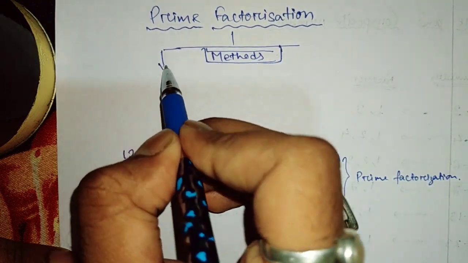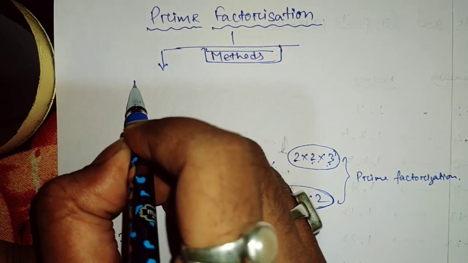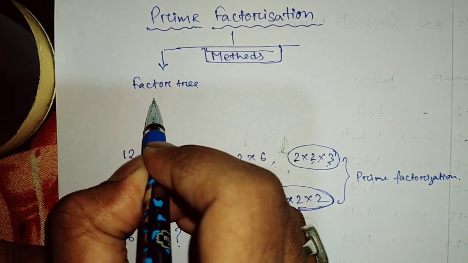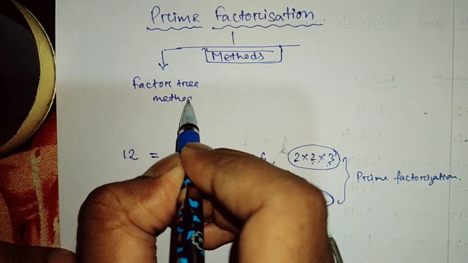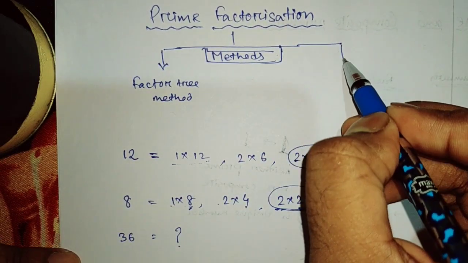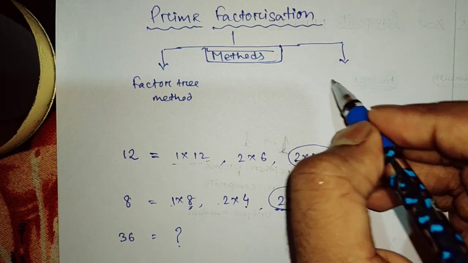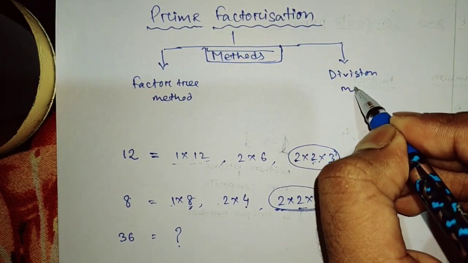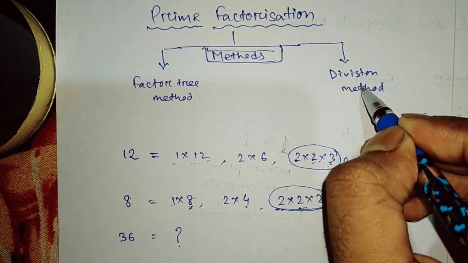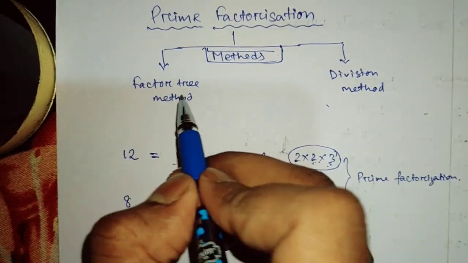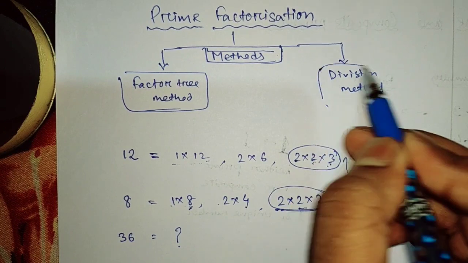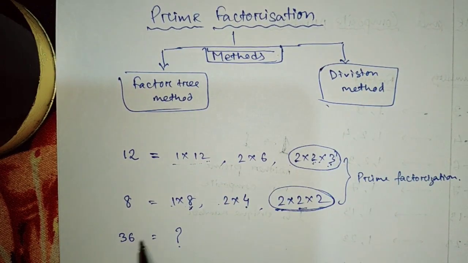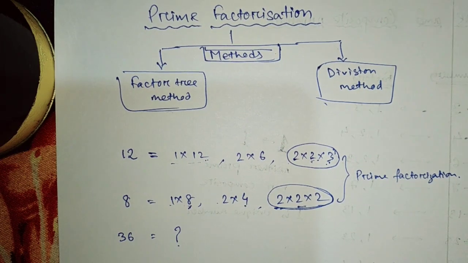One is the factor tree method, and the second one is the division method. By using these two methods we will do prime factorization.